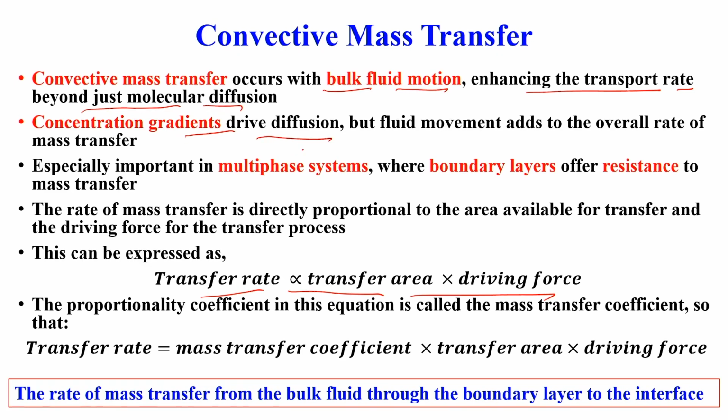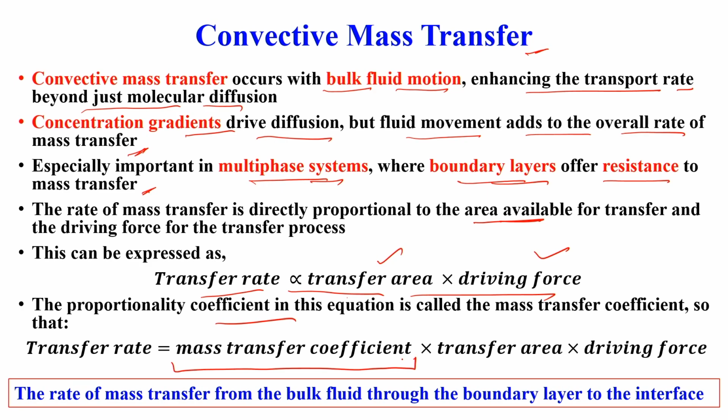The concentration gradient drives diffusion, but the fluid movement affects the overall rate of mass transfer, especially in a multi-phase system where the boundary layer offers resistance to mass transfer. In the case of film theory we consider this convective mass transfer. In this case the rate of mass transfer is directly proportional to the transfer area available as well as the driving force, and the proportionality constant here is the mass transfer coefficient.